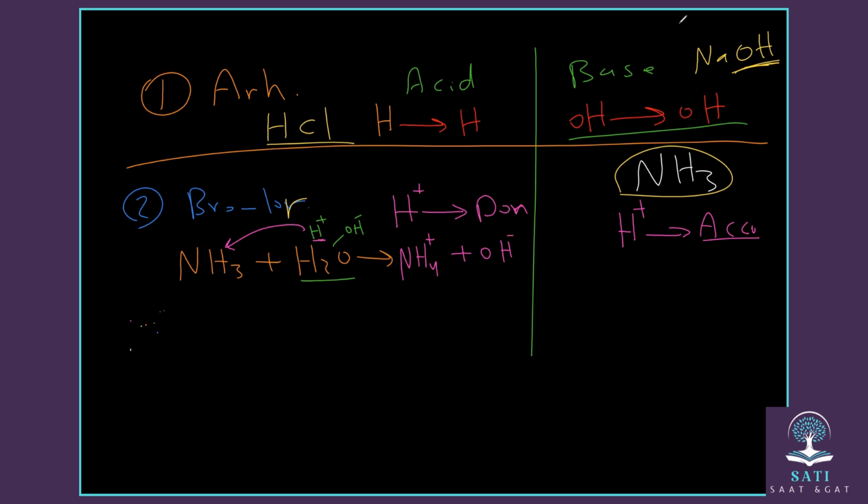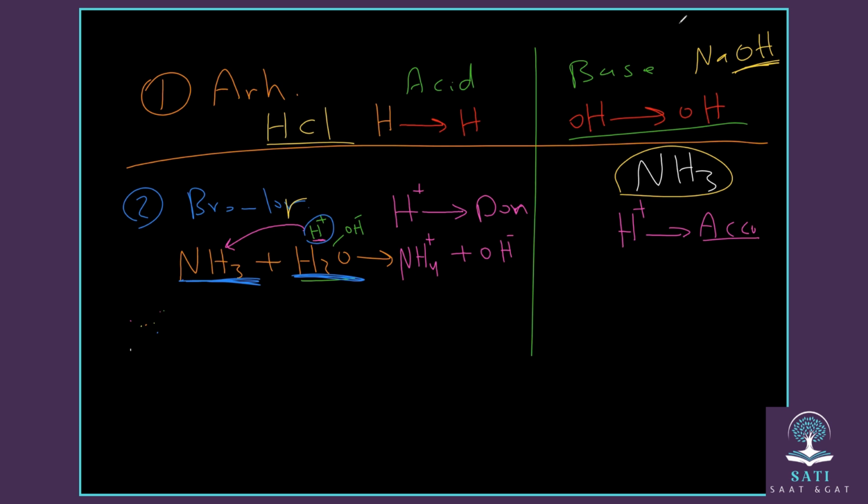As you see here, which one of these two parts was the donor of the hydrogen ion? It was water. So water in this case, based on Bronsted-Lowry, is an acid, since it is the donor of the H. Which one accepted the H?